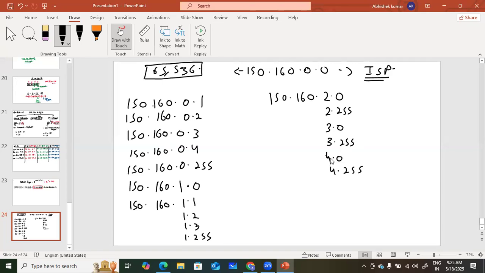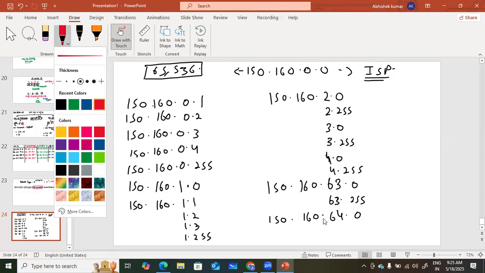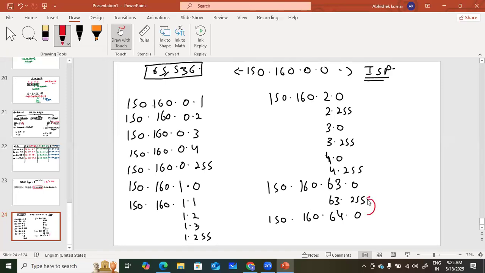If I keep on going like this, I will reach a stage where I will get 150.160.63.0, then 63.255, then 64.0. So when I subtract 1 from 150.160.64.0, what will I get? 150.160.63.255.